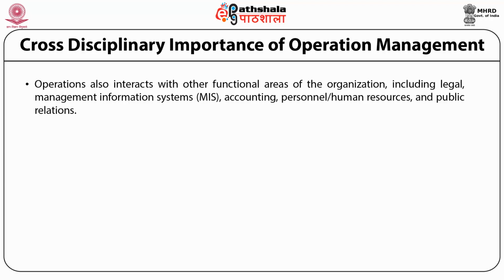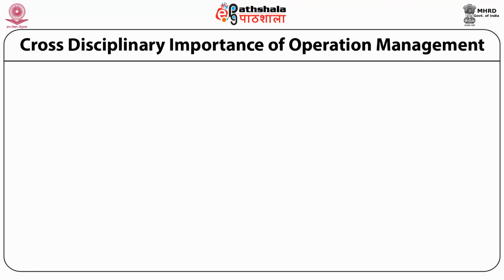Operations also interact with other functional areas of the organization, including legal, management information systems (MIS), accounting, personnel and human resource, and public relations. Various departments are interlinked and refer to the functionality of operation management, including legal, accounting, MIS, and human resource departments.